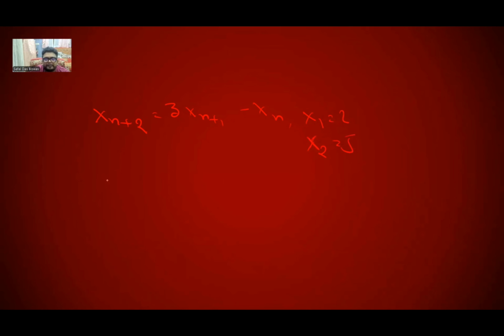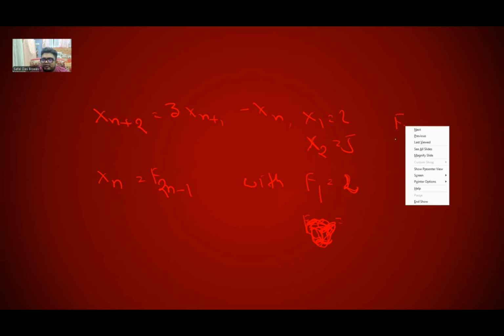So if you know the Fibonacci sequence, then you will get xn equals f of 2n minus 1, with f of 1 equals 2 and f of 2 equals 3, and f of 3 equals 5.